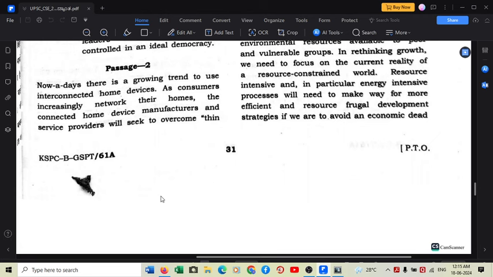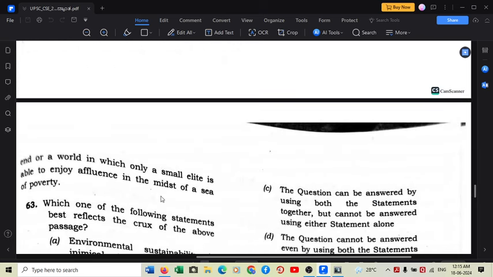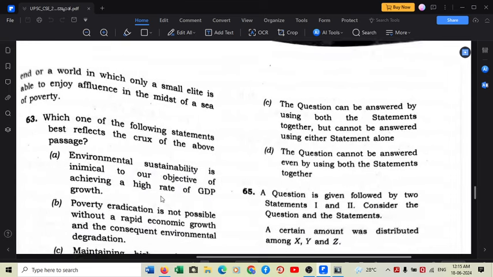So these kind of processes need to make way for better strategies and resource efficient strategies if you are to avoid economic dead end, because resources are finite and if they are consumed very swiftly and very rapidly, it can lead to economic dead end. And in the economic dead end, more people will be under poverty and fewer people will be able to enjoy affluence. So let us see what the crux of the passage is.